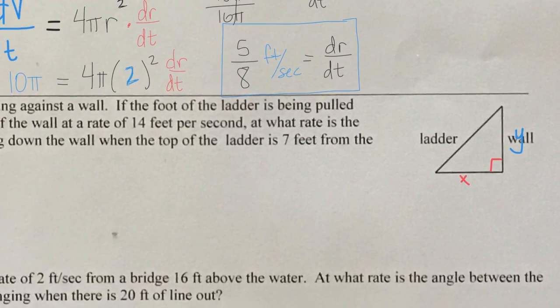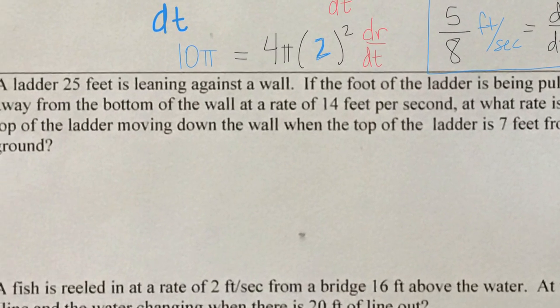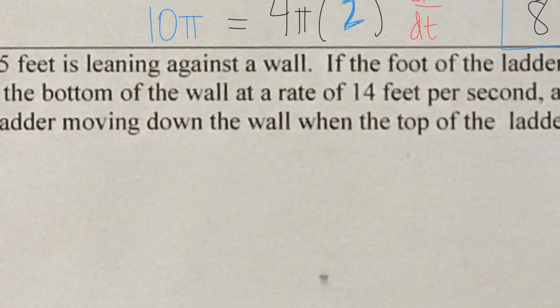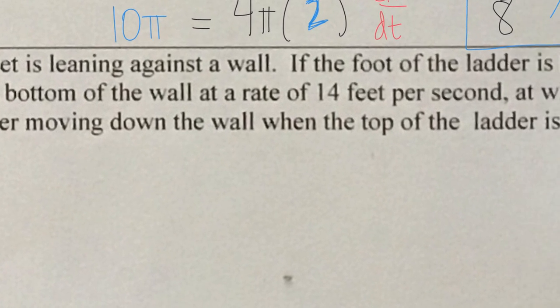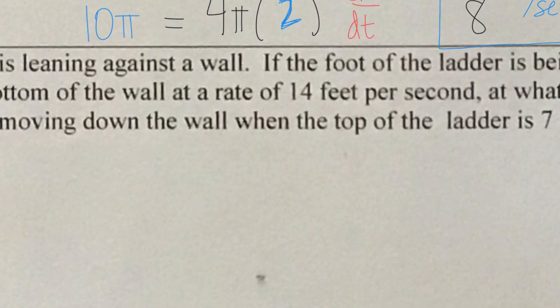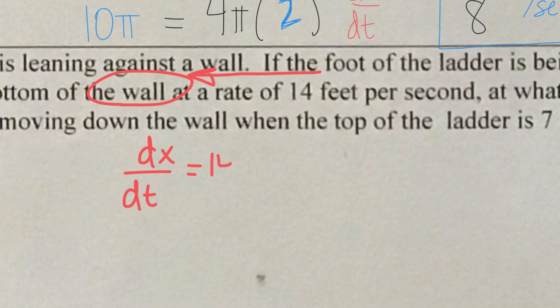Okay, so what's going on here? The being pulled away from the wall at a rate of 14 feet per second. So what variable is that we are given the rate of? If it's away from the wall, which is a horizontal thing, right? So this is dx dt. dx dt is 14 feet per second.